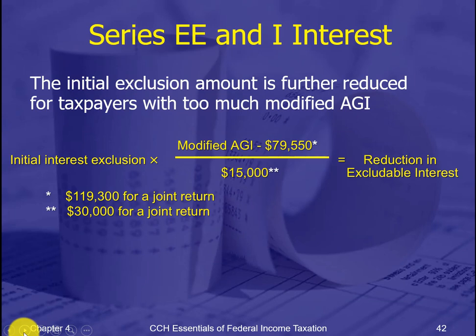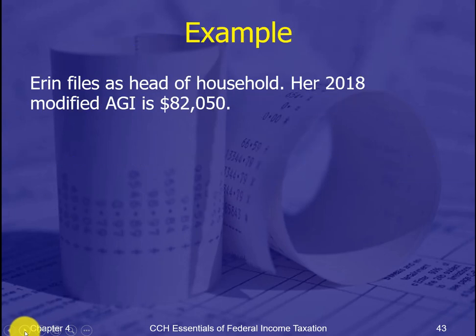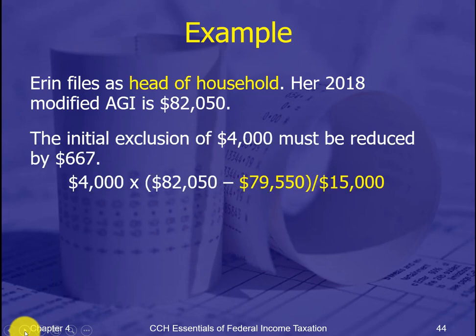Now, this has even more of a caveat, and that is once you've got that number, you have to look at your AGI to see if all of it can be used, because if you're over the threshold, you're going to have to further reduce your interest exclusion. So we now know Erin's AGI.